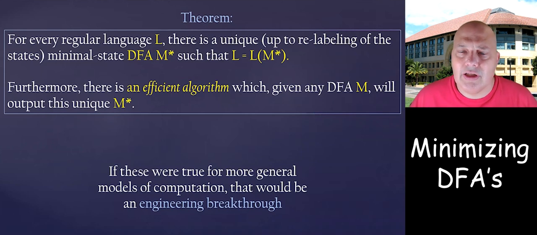For example, making the code nicer, shorter, or making the algorithm more efficient. That would be amazing, and we don't expect it to be true in general. But for DFAs, we are able to do that. That's one reason that DFAs, finite automata, are so useful in areas like verification, which tries to automatically verify correctness. The ability to do such optimizations with DFAs is very useful in this context.